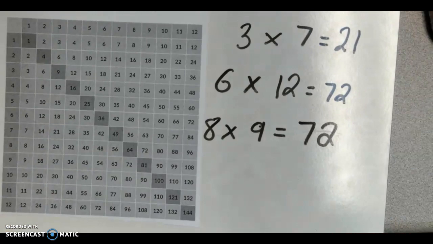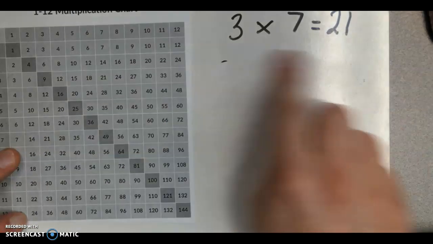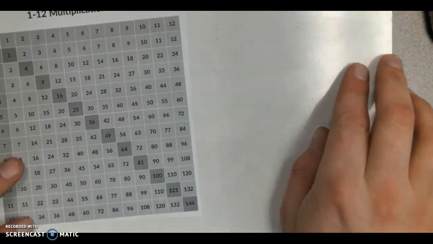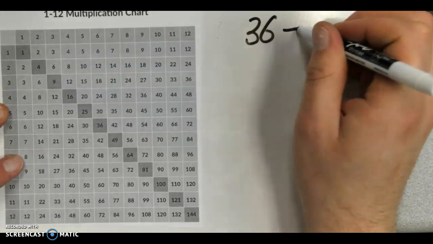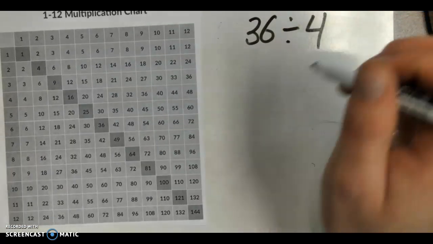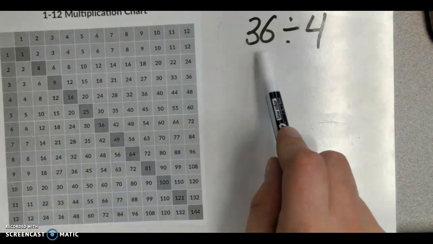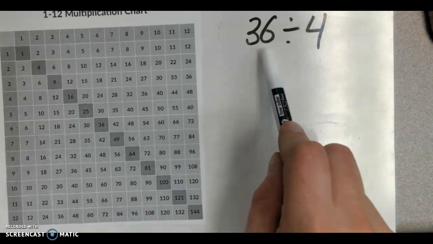Okay? Multiplication is the easy one. Division is where it gets a little tricky. Okay? Let's say I have a problem like 36 divided by 4. For this step, I know I want to find 36. I want to find how many times 4 can go into 36.